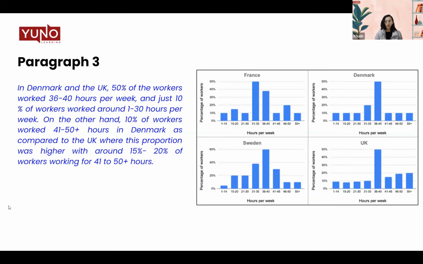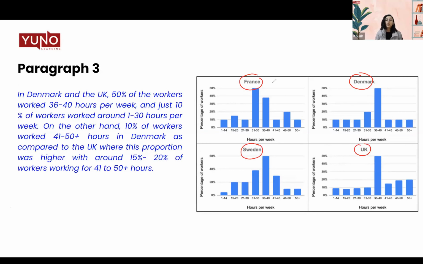Now, when we are writing the body paragraphs, you can divide the data according to your wish. You can choose to write about France and Denmark in the first body paragraph, then Sweden and UK, or you can choose to write about France and UK together or club. So this clubbing is very subjective, however you wish to do it. But the best way is you can club similar structures, charts that show you a similar structure.